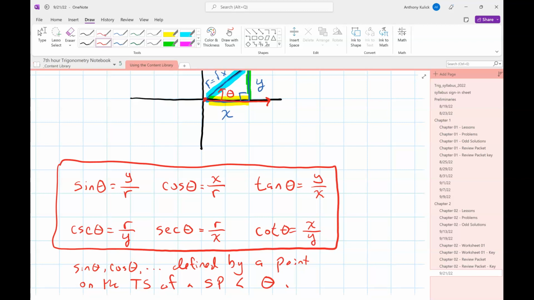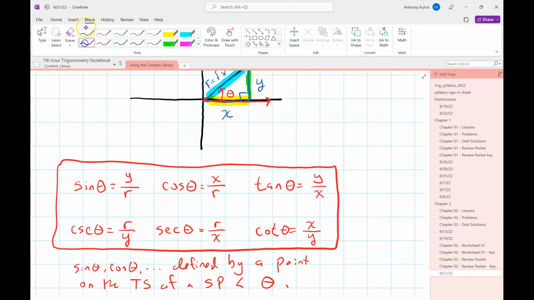And now, because my sine, cosine, and tangent are built off coordinates on the terminal side of a standard position angle, what kinds of angles can I do sine, cosine, and tangent on? Any angle I want. That's exciting.